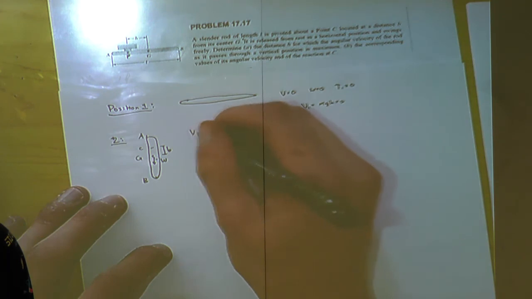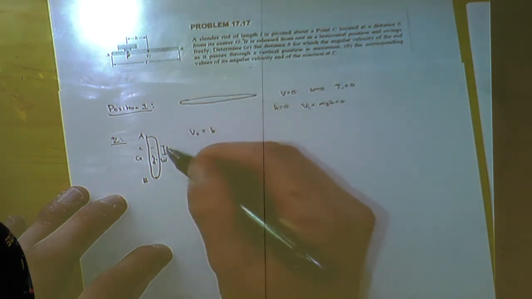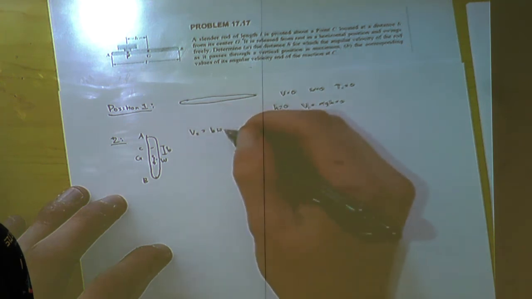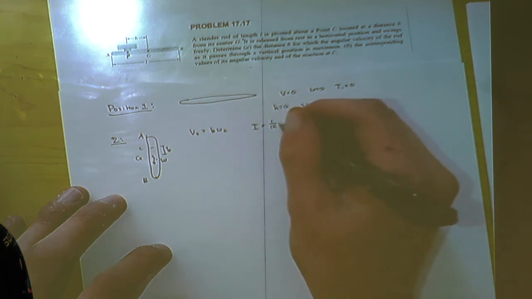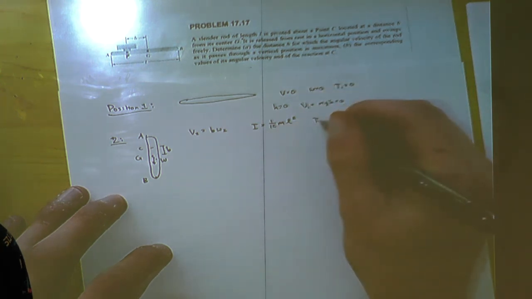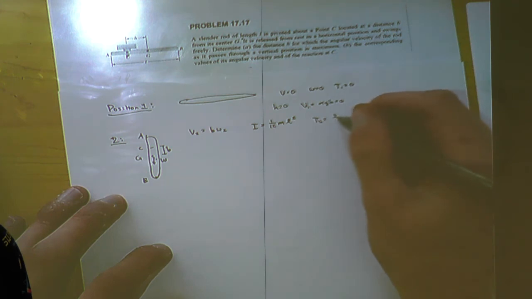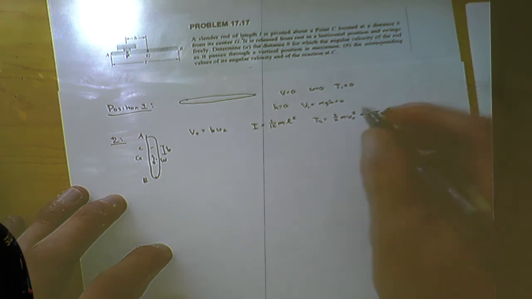So our v2 is going to be this B times angular velocity at 2. Our I is 1/12 m times the length squared. And our T2 is 1/2 m v2 squared plus 1/2 I angular velocity at 2 squared.